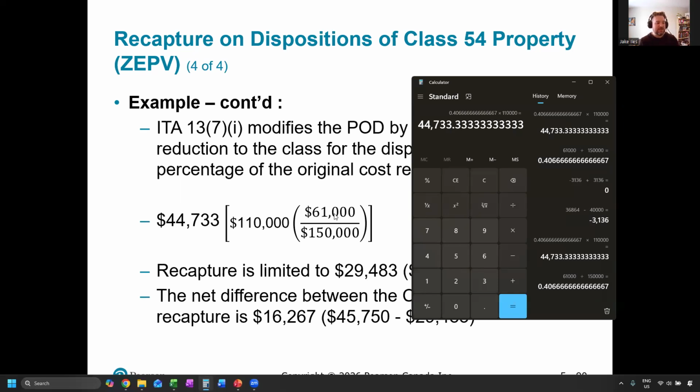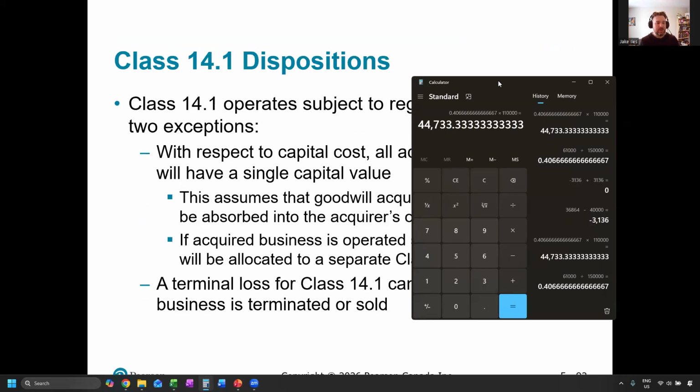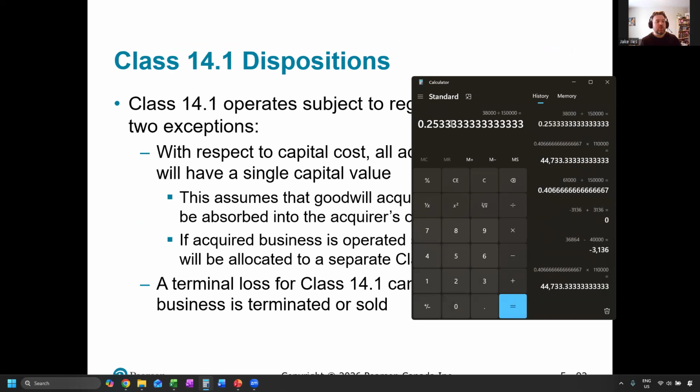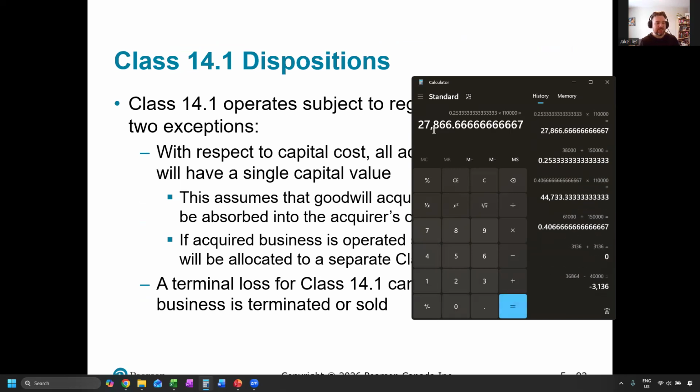So 61,000 is the maximum for class 54. For class 10.1, we would use 38. So $38,000, we spent 150,000. 25% is what made it into the class. So that's the amount of our proceeds we can consider for disposition, 27,866.